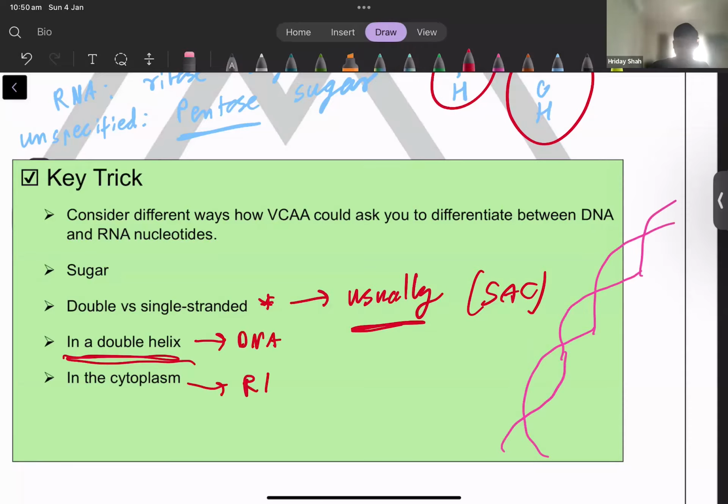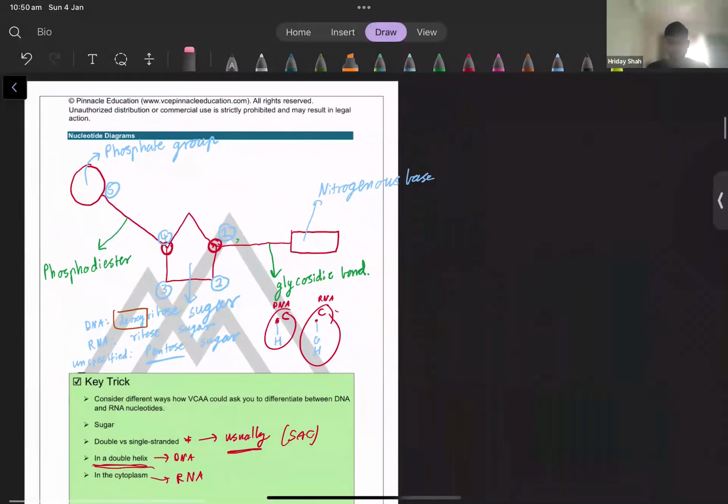This is definitely telling you RNA. They could also tell you the sugar as well. Right, so we've got a nucleotide with a pentose sugar or with a deoxyribose sugar. That example is usually a little bit easier. So that is our monomer for nucleic acids.